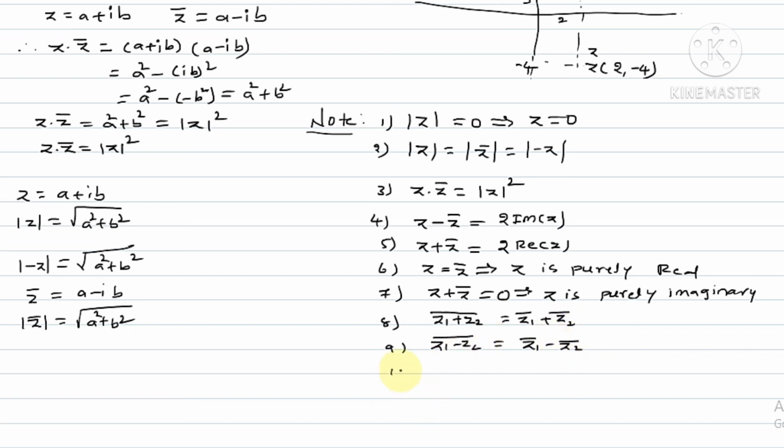Okay, and the last one I want to give you is that Z1 Z2 conjugate is equal to Z1 conjugate times Z2 conjugate. So these are the basic key points in complex numbers. I think you understood all those things.